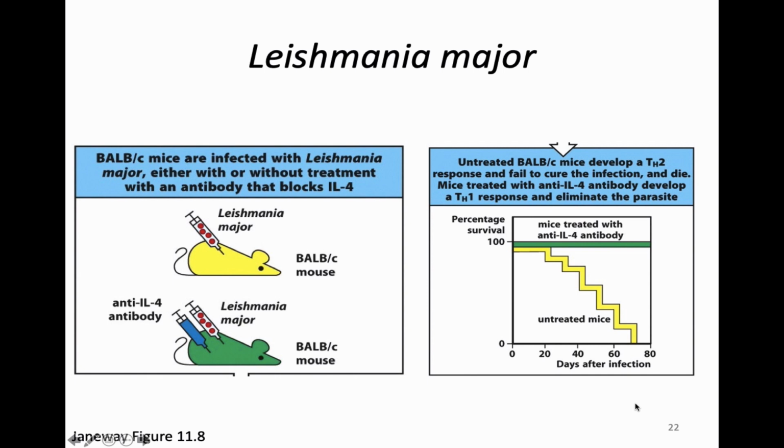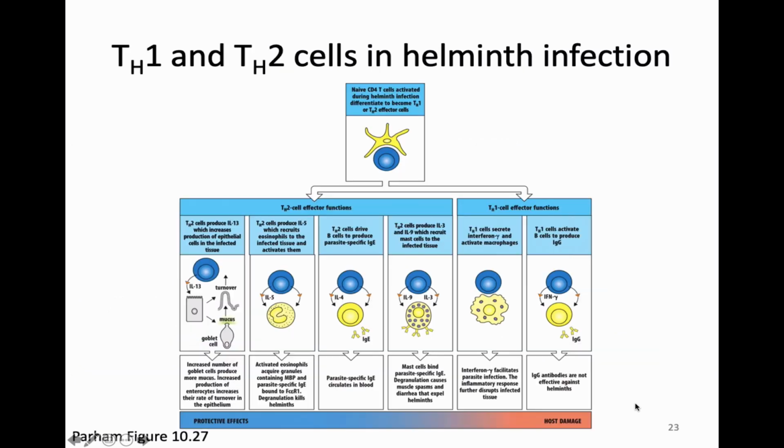The Th2 response is killing the mouse. And if the mouse was able to make a Th1 response, which happens here when we inhibit the Th2 response, the mouse lives perfectly fine. We do know that Balb/c mice tend to predominantly make Th2 responses due to some aspects of their unique genetics. So again, you can see here that whether one makes a Th1 or Th2 response to a particular pathogen can influence what happens to you after infection with that pathogen. There's an appropriate response and an inappropriate response to the pathogen.